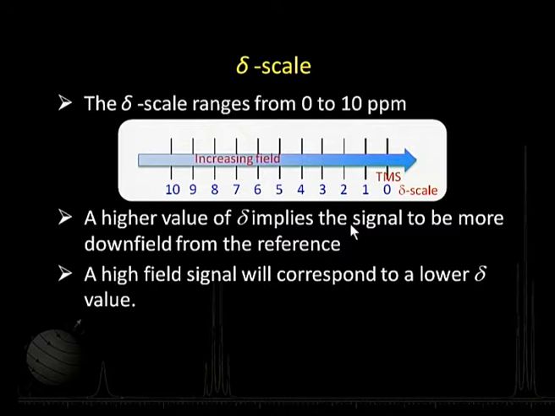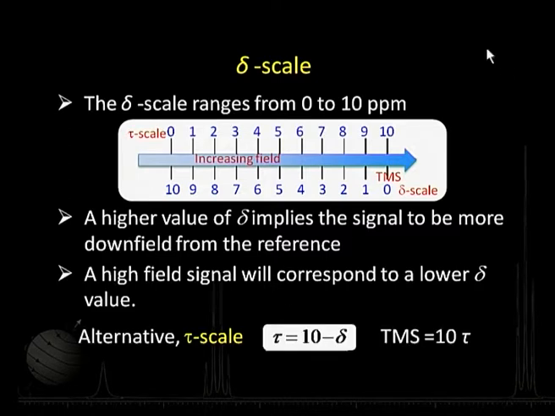To get over that, another scale was defined, called the tau scale. The tau scale is basically a linear shift. We defined tau to be equal to 10 minus delta. So when delta is equal to 0, tau becomes 10, and it goes in the reverse direction: 10, 9 and so on.